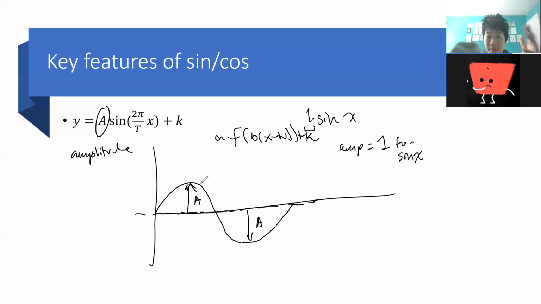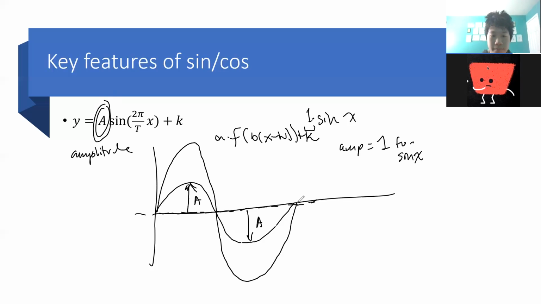Okay, so that's basically it, right? Because the first one tells us how stretchy it is in the vertical direction. So if a is big, it gets really, really tall, basically meaning we're stretching it a lot. Right?